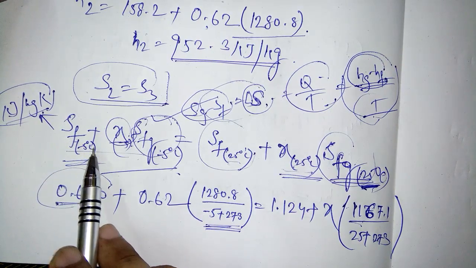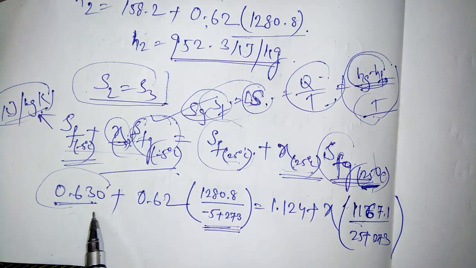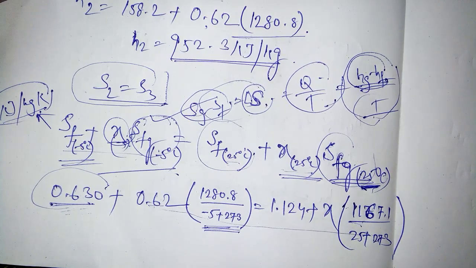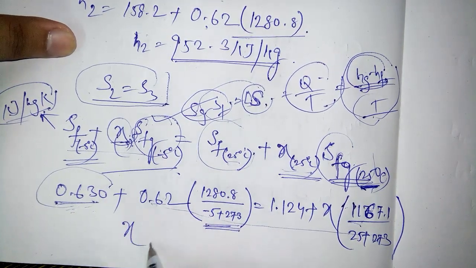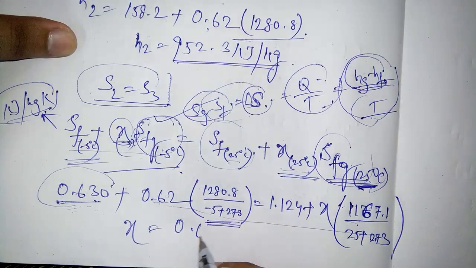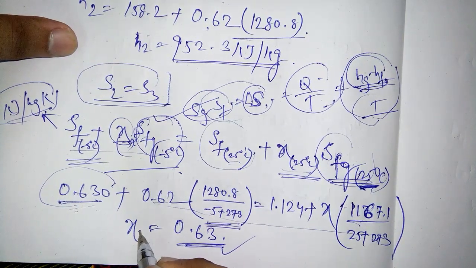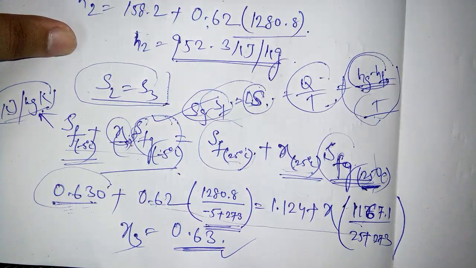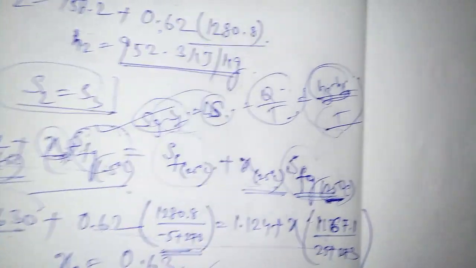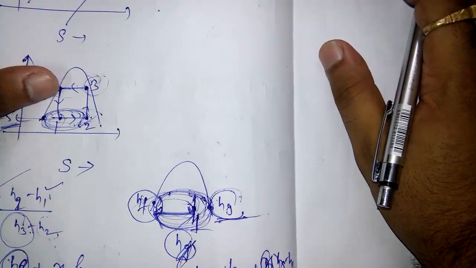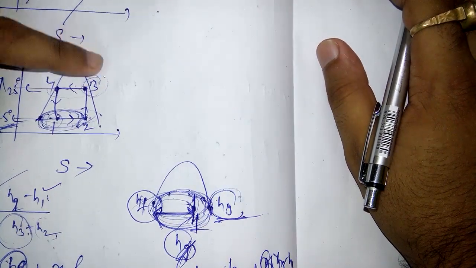So SF at minus 5 degrees Celsius we have, and from here the value of X you will get is 0.63. This value of X you can name as X3 also. Once you have the dryness fraction at this region, you will be able to find H3, which is our main motive.